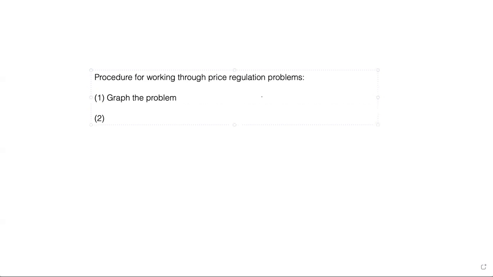The second step is determine whether the price regulation is binding or non-binding.